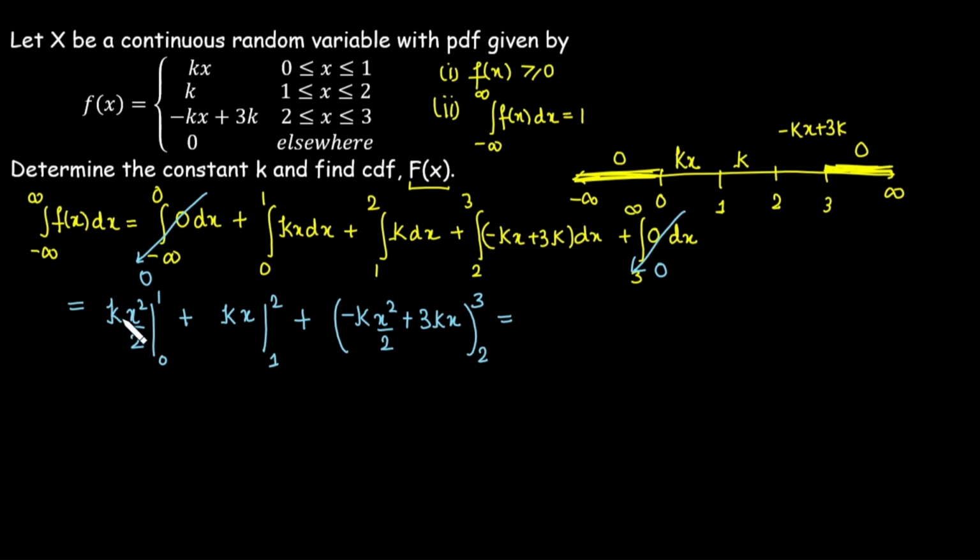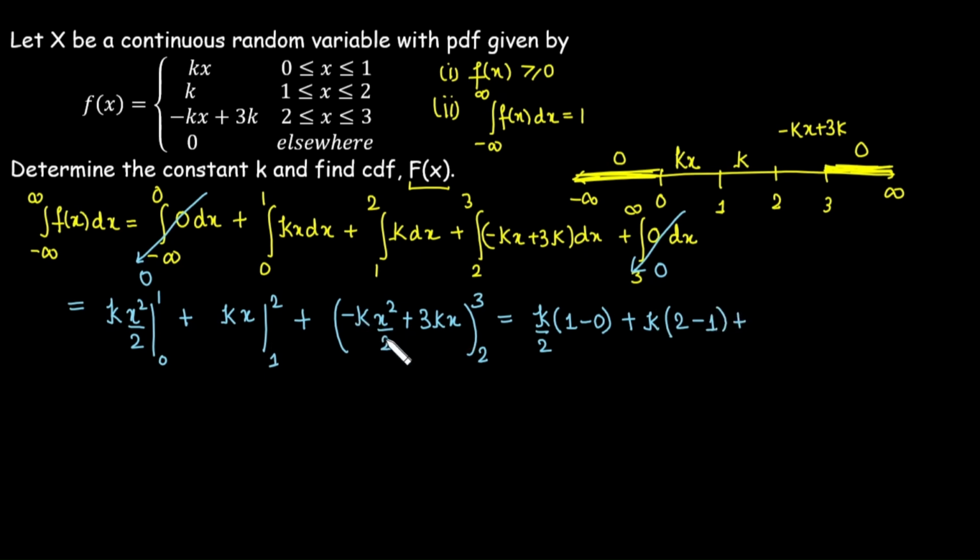Substitute the upper limit and lower limit here. We have k by 2 as it is. When you substitute upper limit, that gives you 1 square, that is 1, minus 0 square, 0. Plus k is constant, take it outside: upper limit 2 minus lower limit 1.